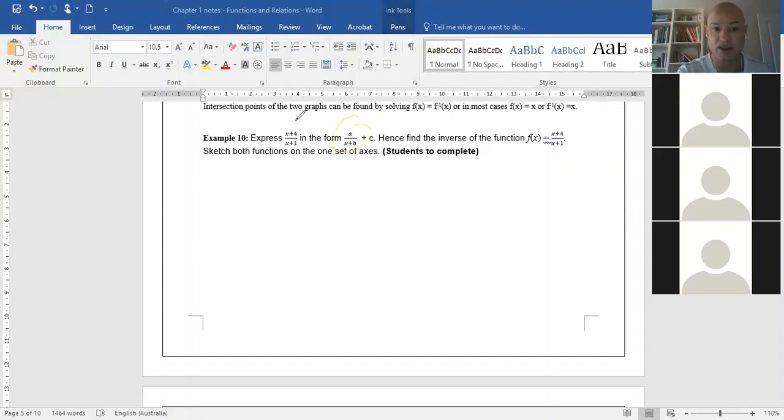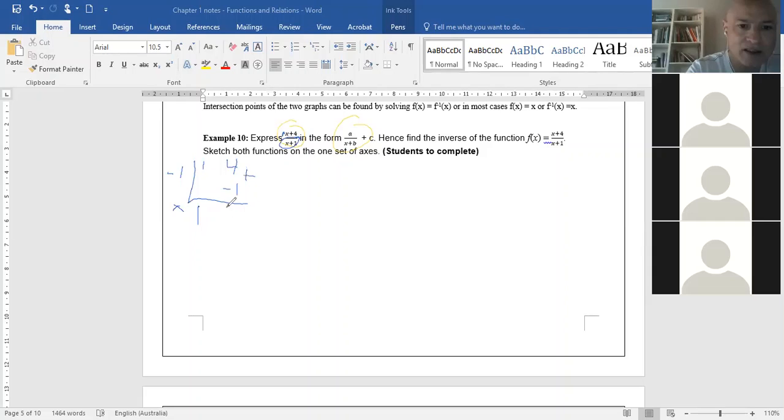As soon as we see the same powers in the numerator and the denominator, long division is the way to go. Now you can do the synthetic long division, it doesn't matter. I'm going to do the synthetic one. So x + 1 = 0 and x = -1. So I put my -1 there. The number in front of the x in the numerator is 1, and then I've got the number 4. So I'm dropping my 1, 1 times the -1 becomes -1.